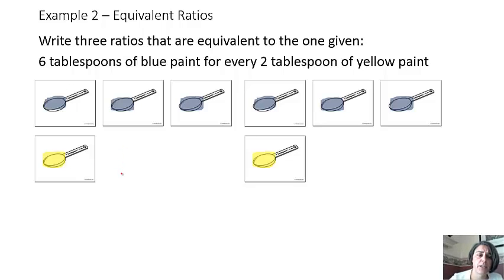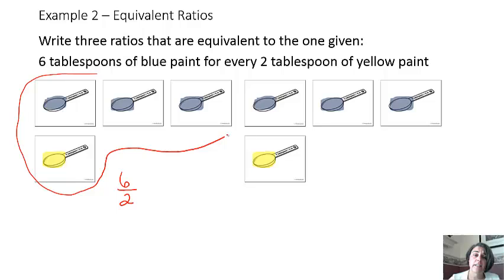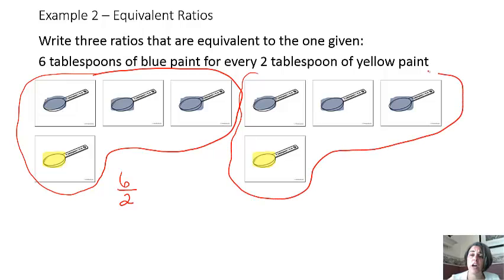Okay, hopefully you can see you have 6 blue, 2 yellow. If I want, I can break this down. Instead of saying 6 blue, 2 yellow, I could get the exact same shade of green, just a smaller amount, if I only did 3 blue to 1 yellow. 6 to 2 is the same as 3 to 1.